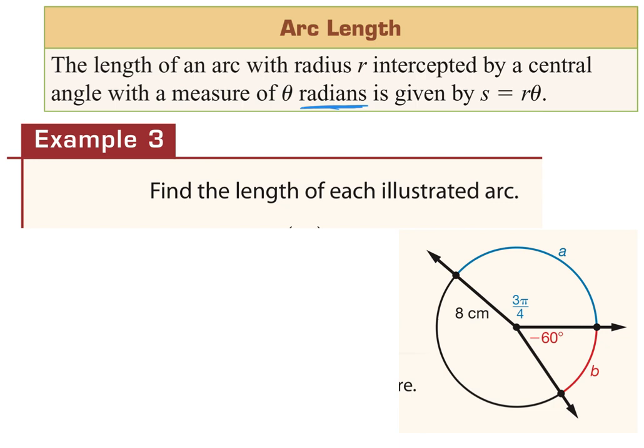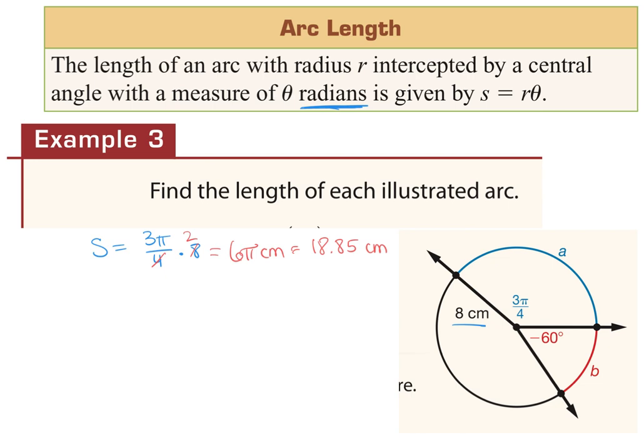So if it's already in radians, then all I have to do to find the arc length is take the angle measure that's already in radians, and multiply it by my radius, which is 8. I can simplify it just like this. I'm going to get 6 pi centimeters, right? And if you multiply it out, they round to 2 decimal places here.